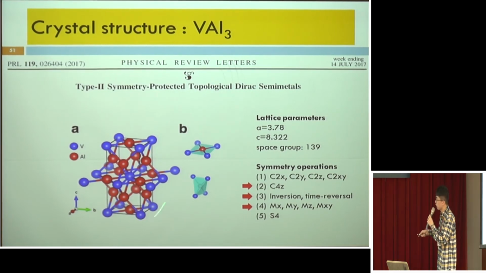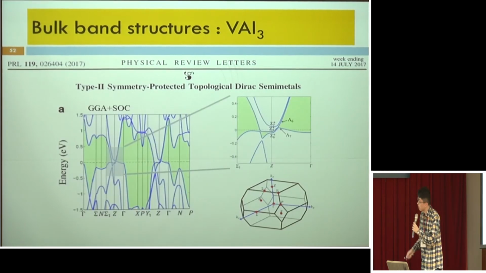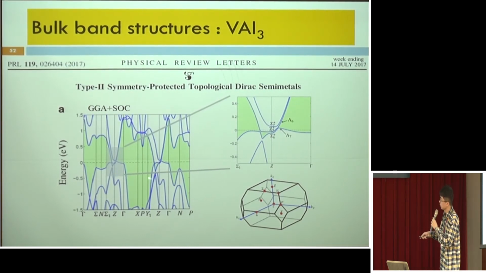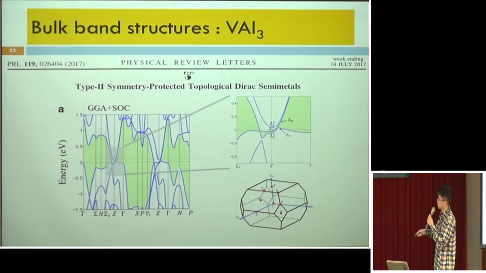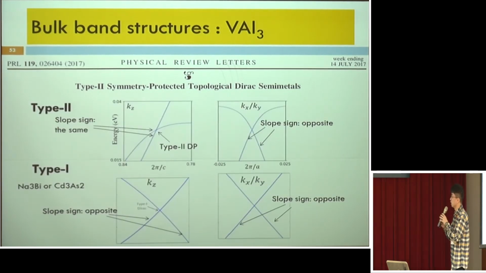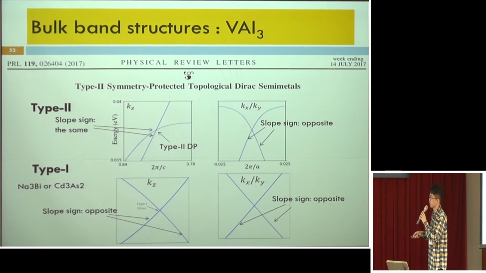In this compound, the Dirac point exists on the rotational axis and is protected by C4 rotational symmetry. This is the bulk band structure. It's almost an insulator except for some discrete points. It shows a linear band dispersion here, and we found this band structure is highly anisotropic.